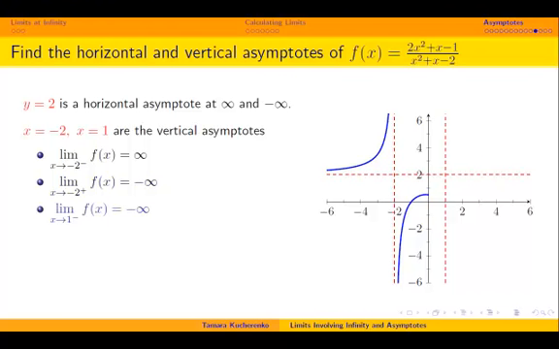The limit of f as x approaches 1 from the left is negative infinity. So the graph should go downwards along the line x equals 1.